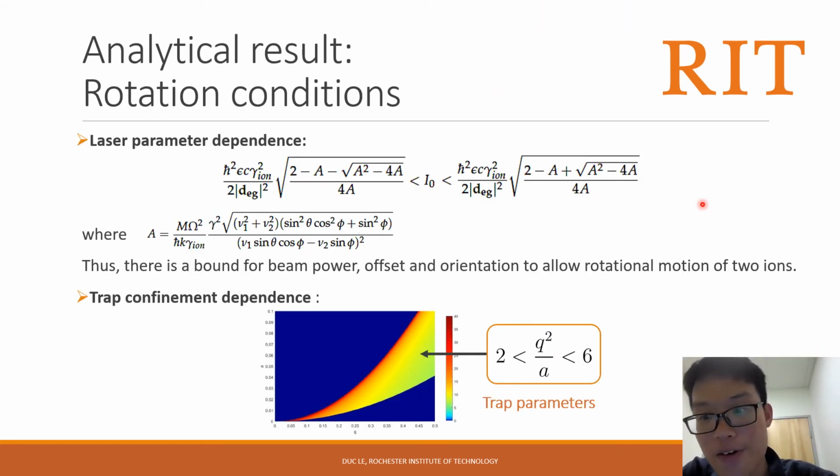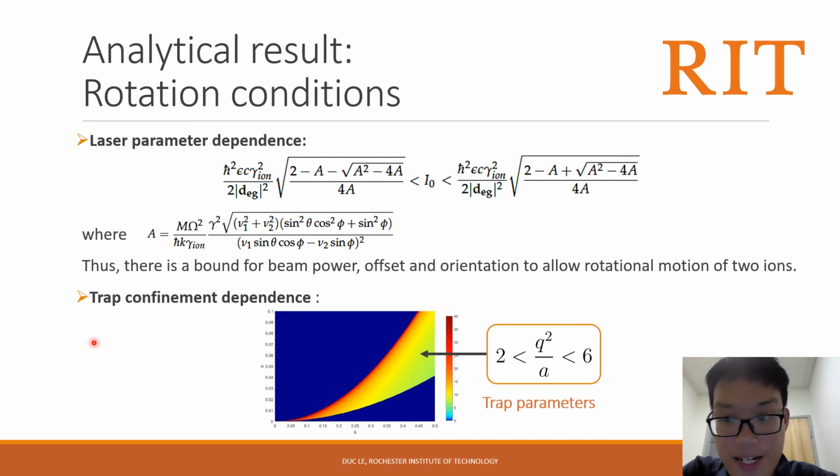And because during our numerical analysis, we found that there are cases where the two-ion system can rotate and there are cases where they cannot, we also attempted to find an analytical rotational condition. So the first condition has to do with the laser parameter, where we found that for a set beam offset and orientation, there will be an upper bound and a lower bound for the beam power to allow rotational motion.